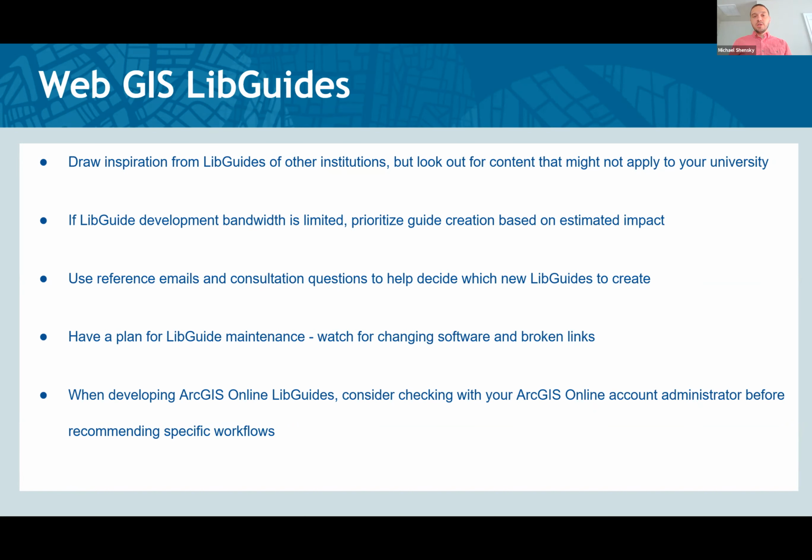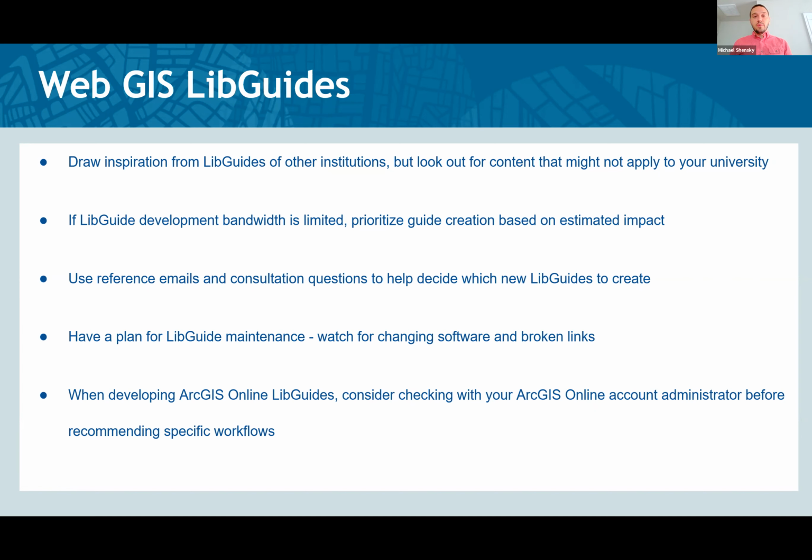One of the other things I'll mention here is that, with LibGuides, in my mind there are probably quite a few LibGuides that I might create if I had a little more time, things that are a little bit lower priority compared to the other projects I'm engaged in. And I think this is probably going to be true at all our campuses, that there's a limited amount of bandwidth that we all have to take on certain projects, and LibGuide development is a project.